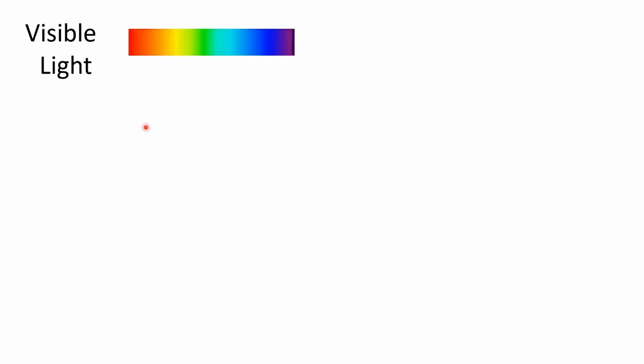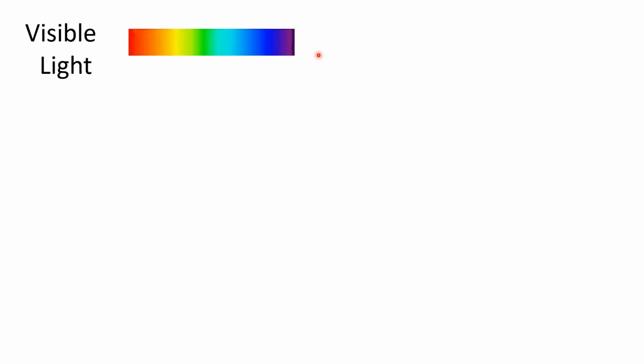So let's look at an example of visible light. We'll talk more about visible light in chapter 26. Visible light, you may have heard from other science classes, it's just a combination of all the colors. So it goes from red up to violet. And I want to focus on red and blue light right now. So red and blue light are both just waves.